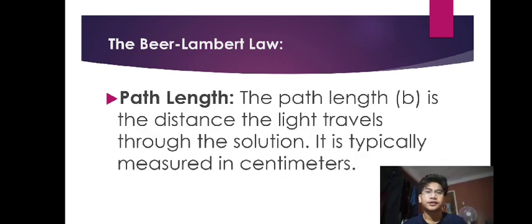Then, these are some concepts related to the quantitative analysis of the Beer-Lambert law. One is determining concentration. If the molar absorptivity and path length are known, the concentration of an unknown solution can be calculated from its absorbance.